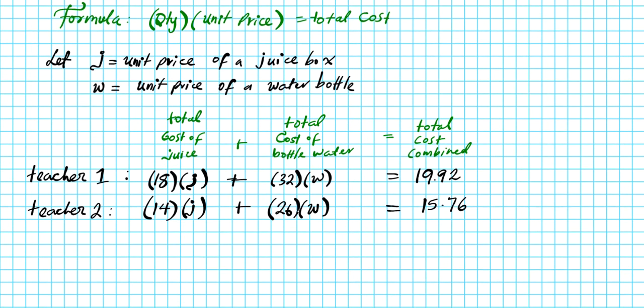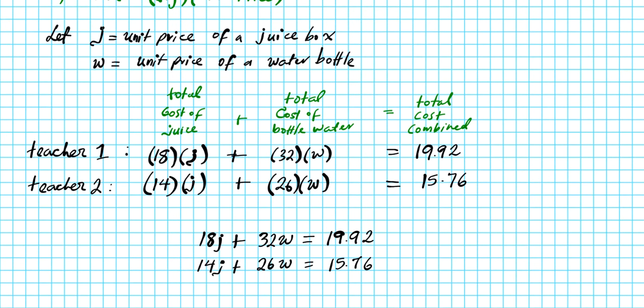Okay, so if we rewrite the equation in the pretty format, it's going to be 18J plus 32W equals 19.92 for teacher 1, and 14J plus 26W equals 15.76 for teacher 2. This is the system of equations that we are looking for, question 37A.